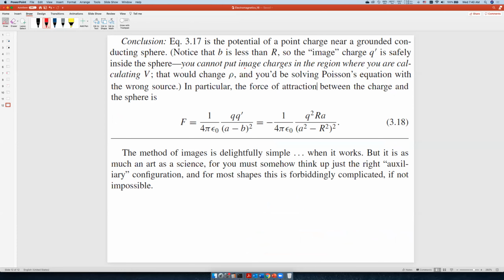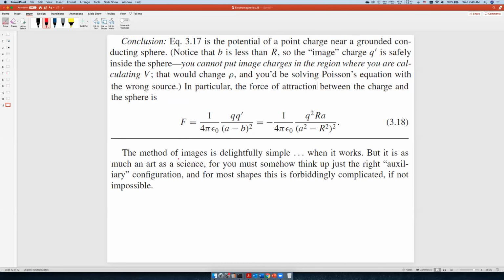And you cannot put an image charge in the region where you are calculating V, because that would change the charge distribution, and you will be solving Poisson's equation with the wrong source. In particular, the force of attraction between the charge and the sphere is calculated using this equation.